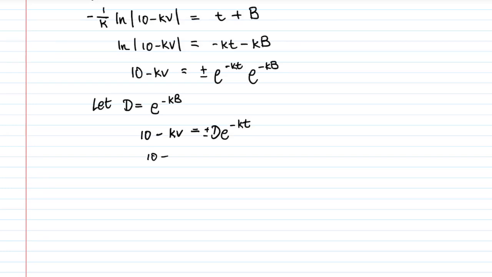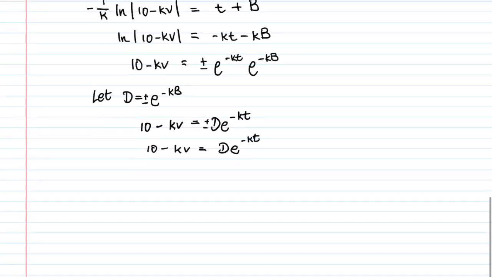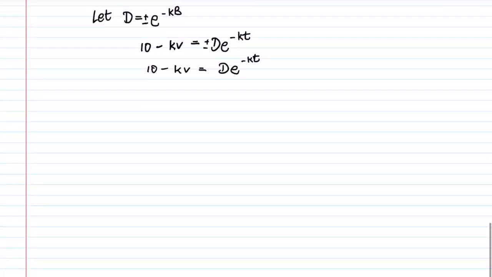So it's now absorbed into the d: 10 minus kv equals d e to the power of minus kt. Done. Okay, so now let's just leave your velocity on one side. So you just have v equals 1 over k times 10 minus d e to the power of minus kt. So this is a method, this is very simple, bring over to one side and all.